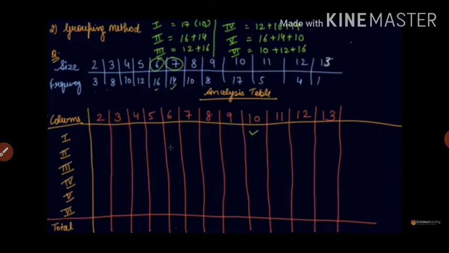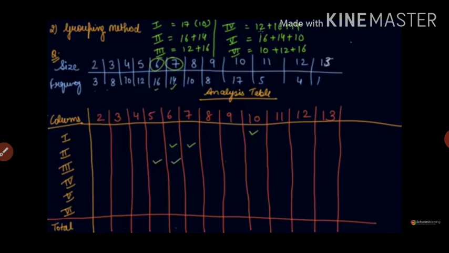So you will take 6 and 7. After that, in the third, 12 plus 16 was the highest frequency we got in the grouping table. So 12 is corresponding to 5 and 16 is corresponding to 6 as size. So we will take 6 again.